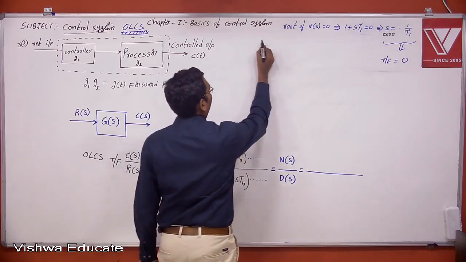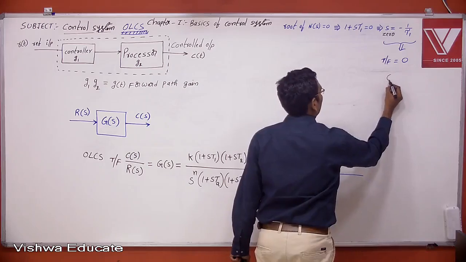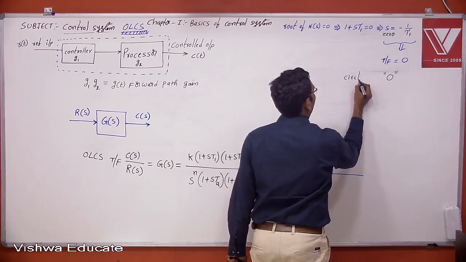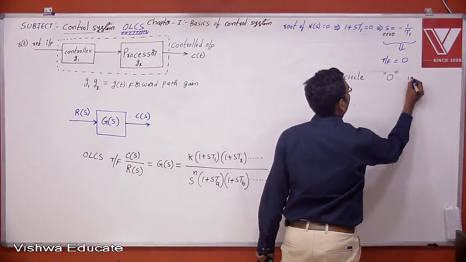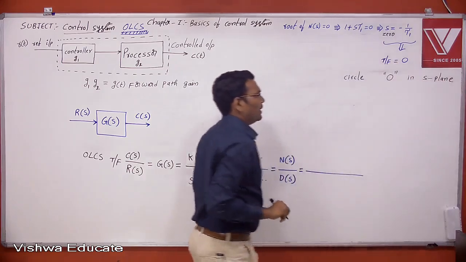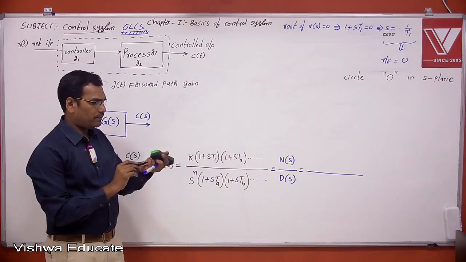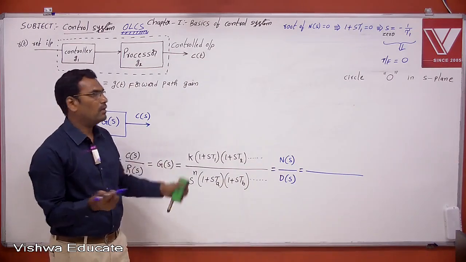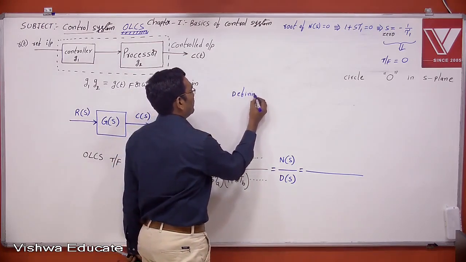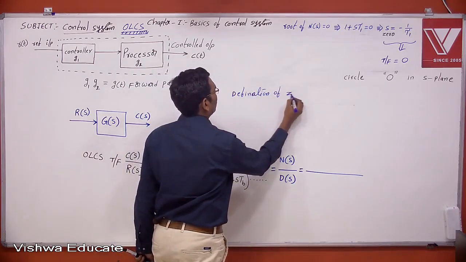This is the definition of a zero, and we represent it by a symbol of circle in the S plane. Then what is the definition of a zero?